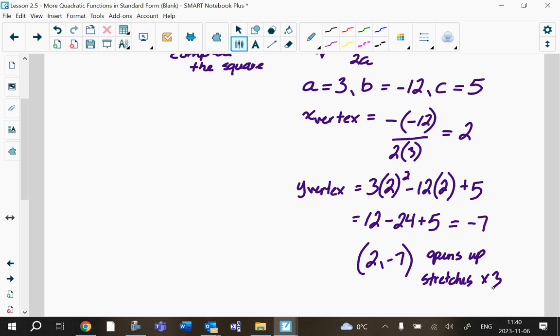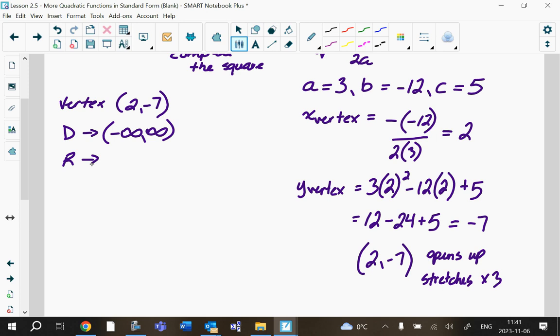What's the vertex? We got vertex is 2, negative 7. What do you want to go to next? If we got the vertex, domain and range. Domain is negative infinity to positive infinity. The range, right.